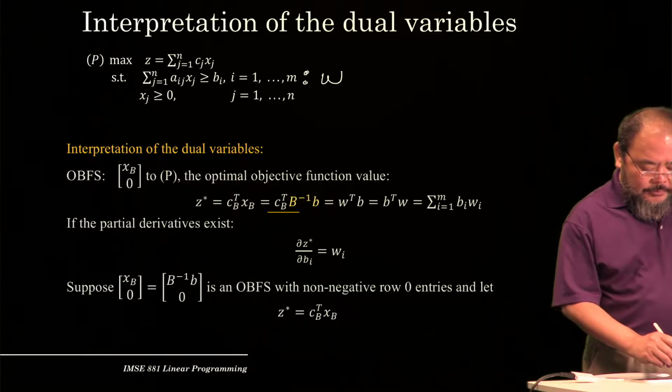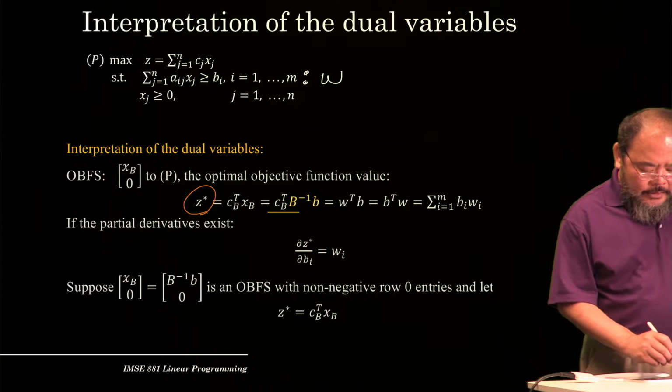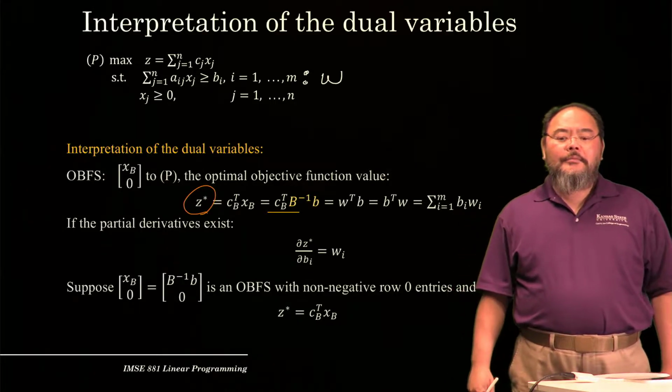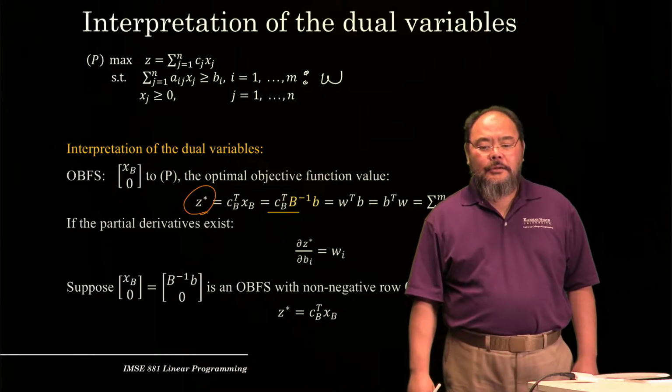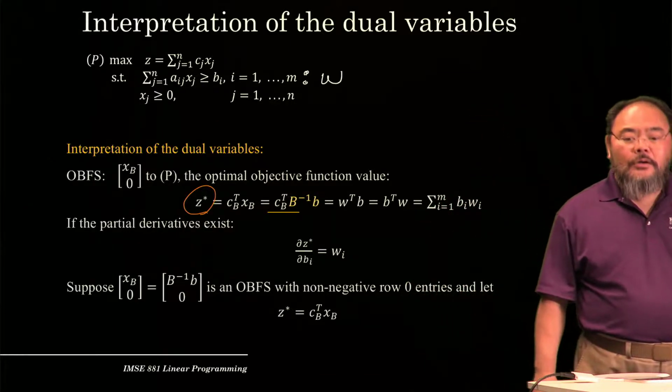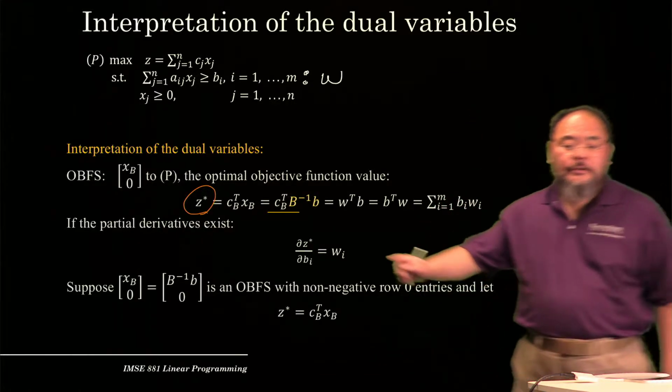Z star is the optimal objective function value and equals CB transpose times XB, because the XN's are 0. And XB also equals B inverse times b, so we have this equation over here.